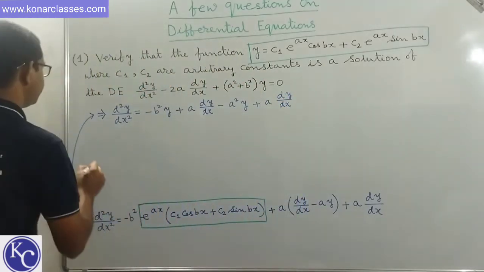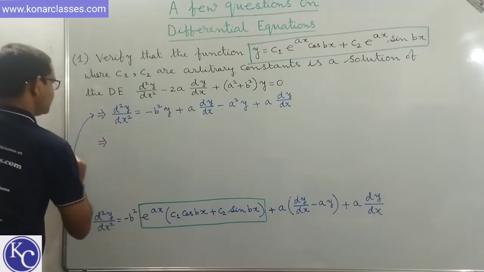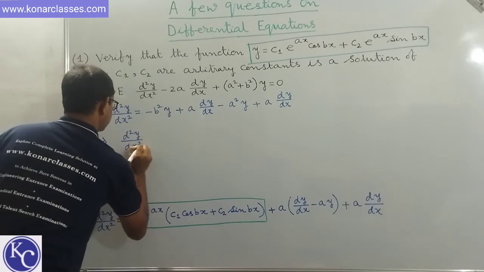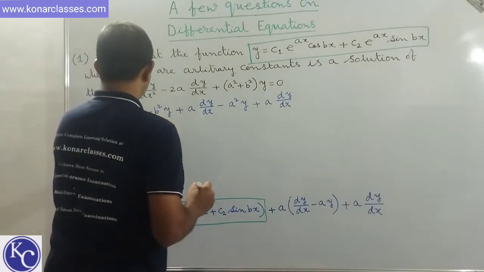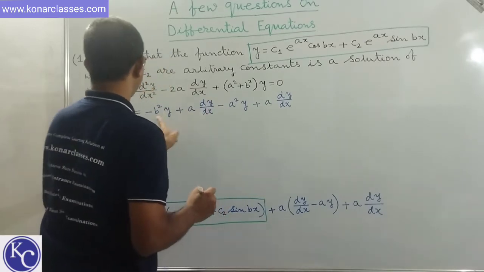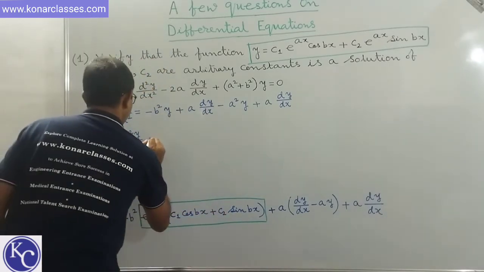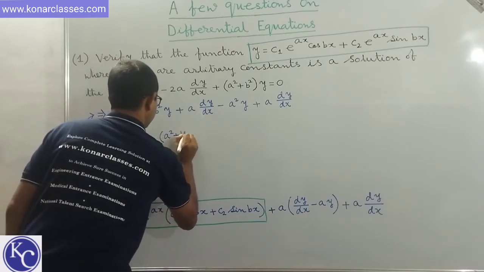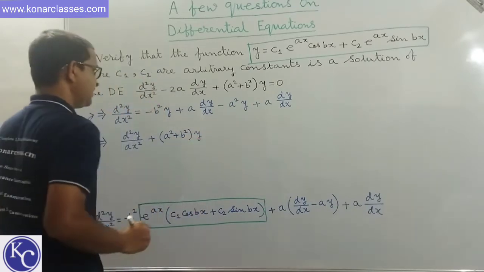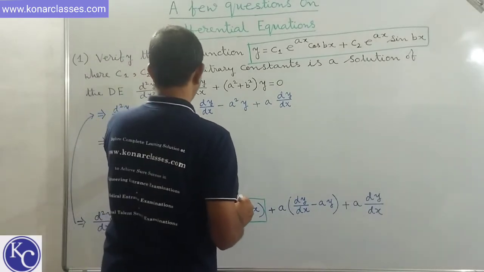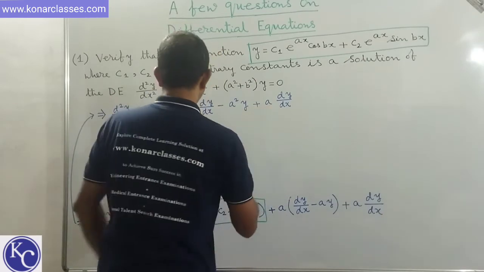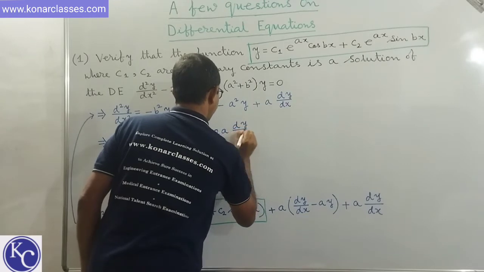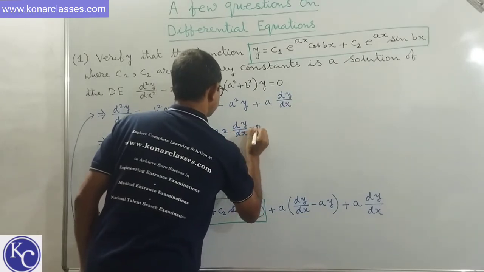So from here what we get, dear students? We get d2y/dx2. This minus b square y minus a square y becomes minus of (a square plus b square) into y, so taking it to the left hand side it becomes plus (a square plus b square) into y, and this a dy/dx plus a dy/dx becomes 2a dy/dx, so I take it to the left hand side: minus 2a into dy/dx is equal to 0.